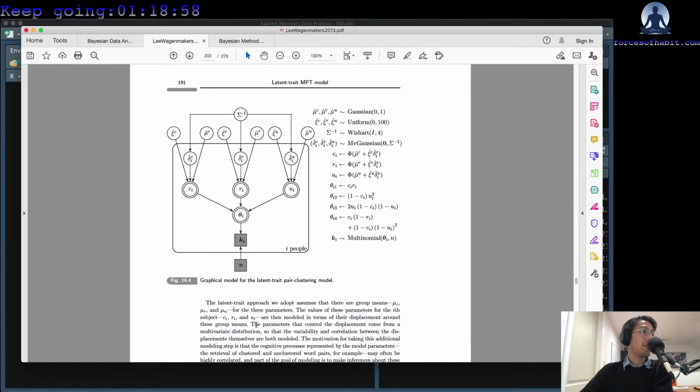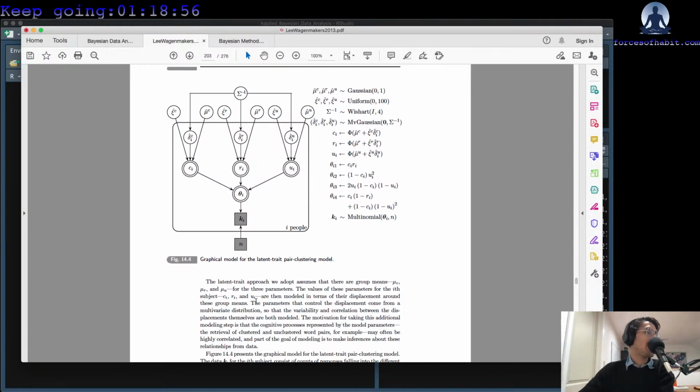Okay, the latent trait approach we adopt assumes that there are group means. Group means are here, here, and here. The values of these parameters for the ith subject are then modeled in terms of their displacement around these group means.